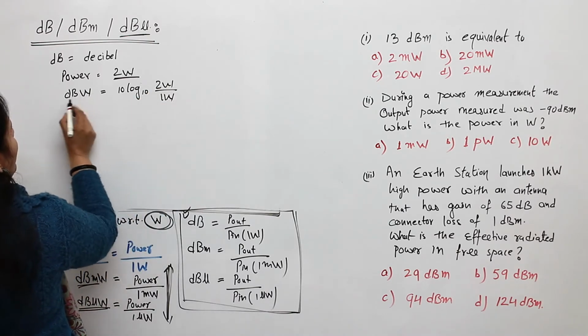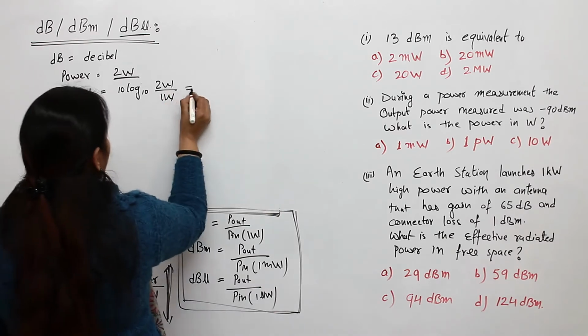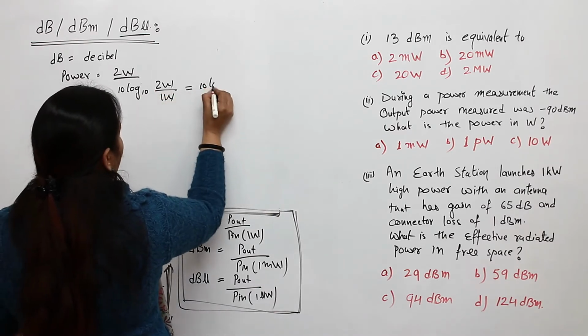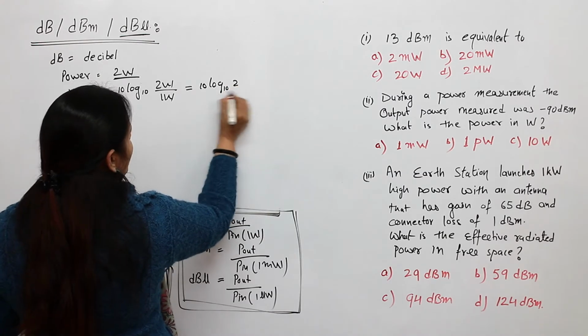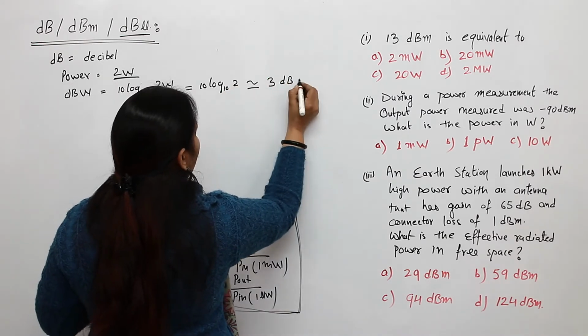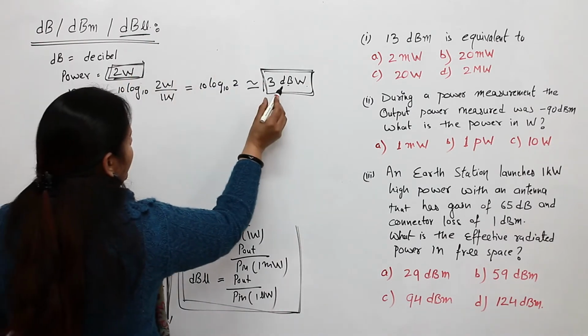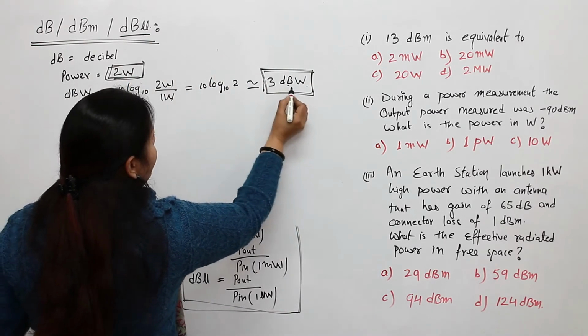In dB watt we have a reference power of 1 watt. So this is 10 log10 of 2, which is almost 0.3. So you have 3 dB watt. Your 2 watt can be represented in the form of dB watt as 3 dB watt.